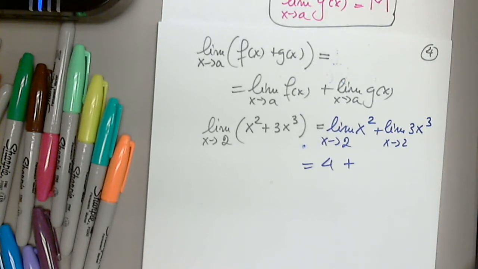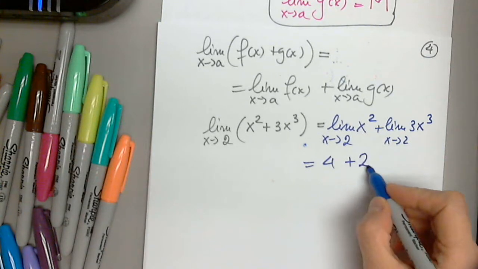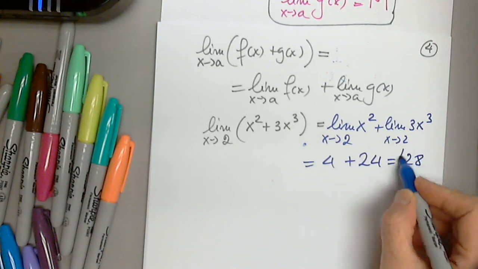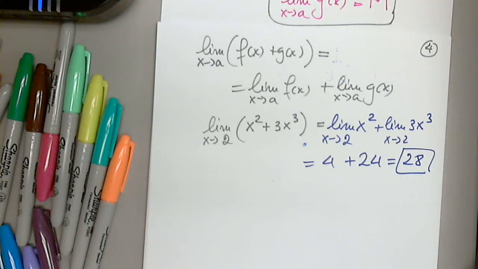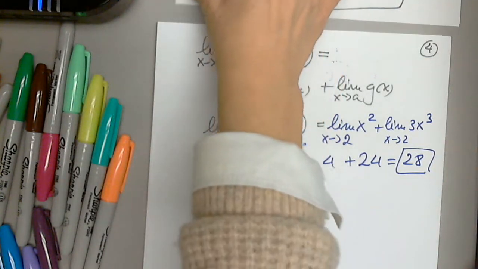Right, 2 cubed times 3. So the answer is 28. I was able to use this because the limit law is applicable. The limit of this is a number, the limit of this is a number, and I can split them and add them up at the end.